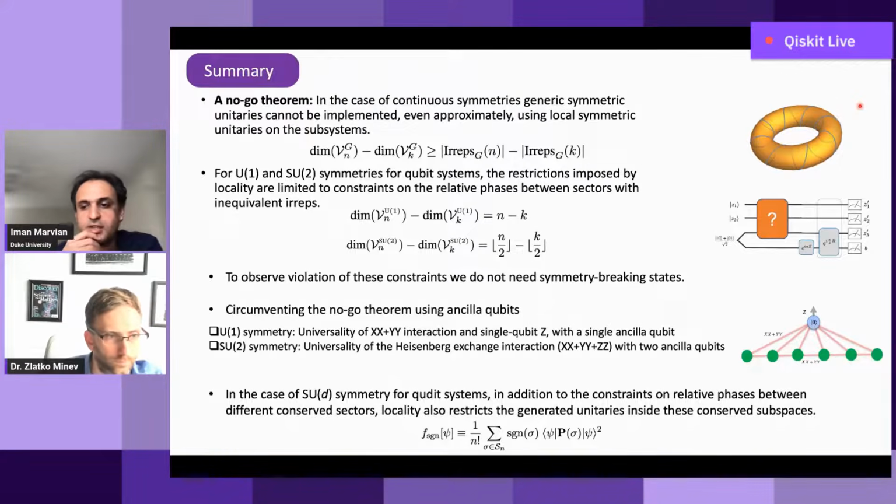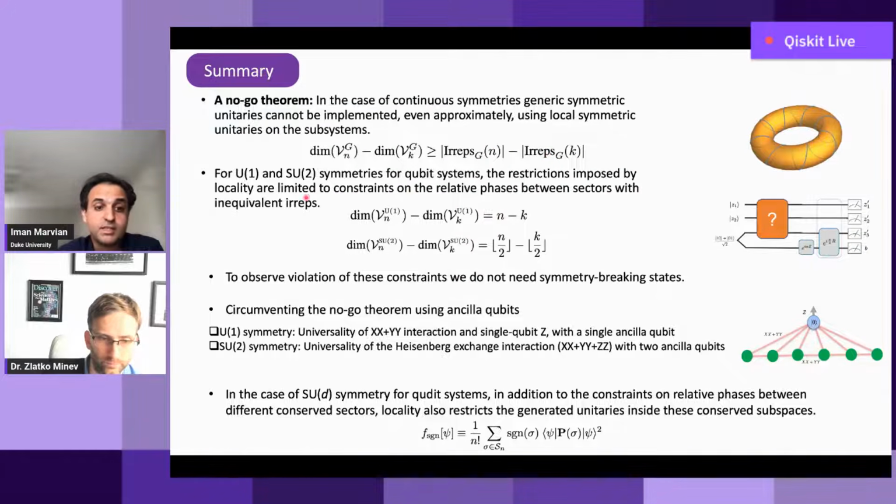Okay, let me stop here and summarize. If there are questions, I will be happy to go into more details. In summary, we saw a strong no-go theorem in the case of continuous symmetries, which implies that generic symmetric unitaries cannot be implemented, even approximately, using local symmetric unitaries. The difference between the dimensions of the two manifolds is lower bounded by the difference between the number of inequivalent irreducible representations that appear in the N system and the K system.